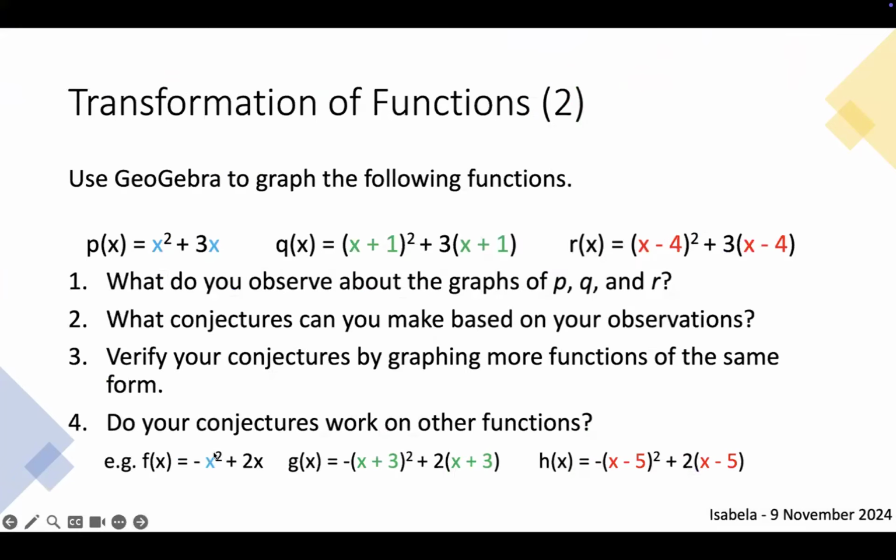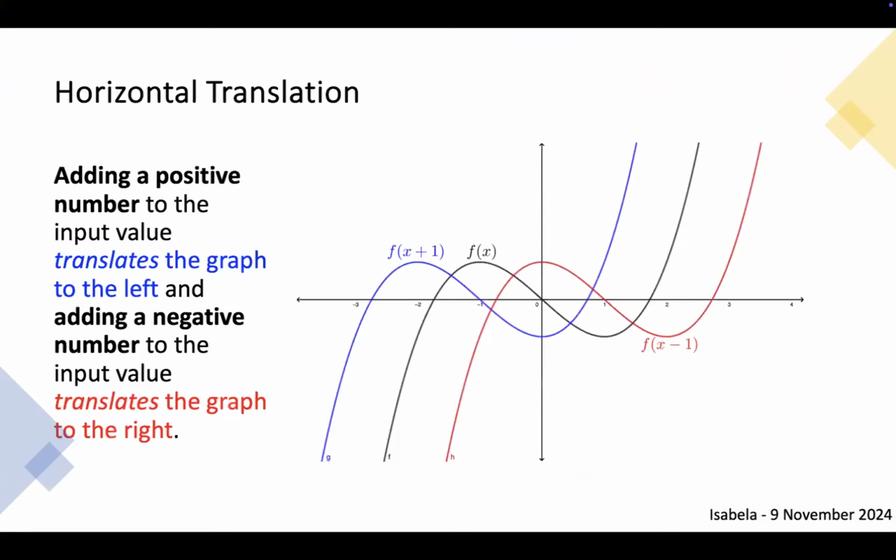So you can try, of course, using other functions. So that is horizontal translation. If you add a positive number to the input value, no, it translates the graph to the left. And if you add a negative number to the input value, it translates the graph to the right.